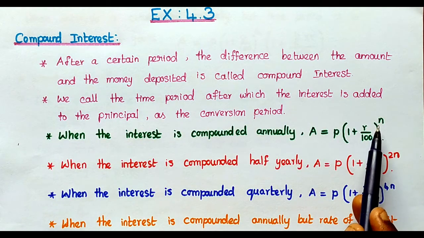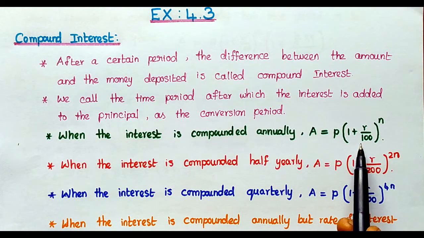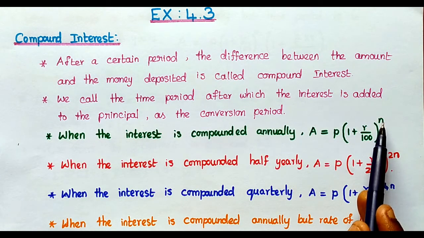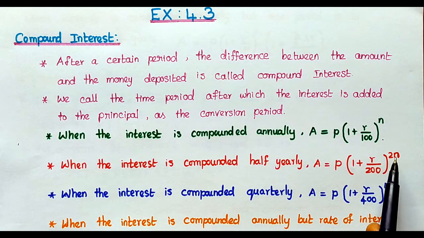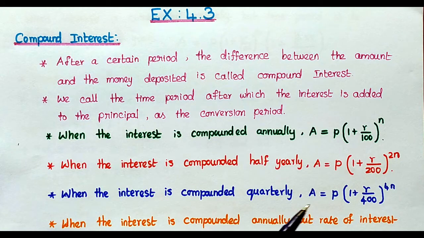Listen, annually means 100 with power n, half yearly means 200 with power 2n, and quarterly means R divided by 400 with power 4n. Compare the formulas and then read.